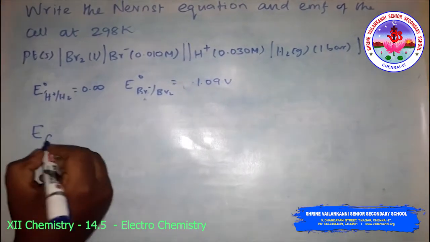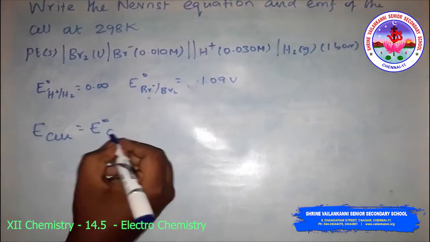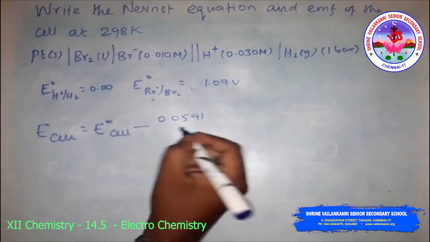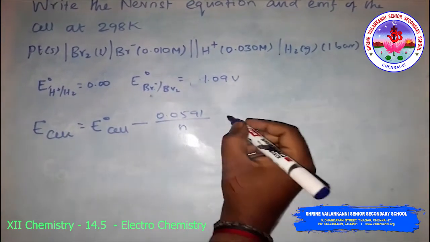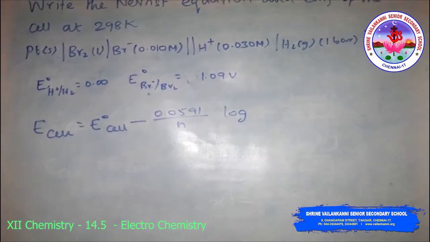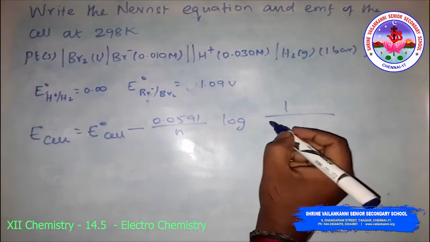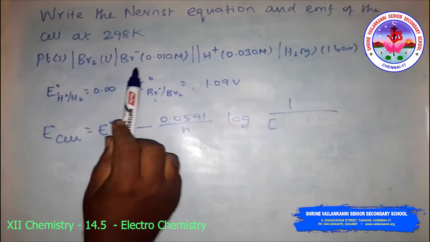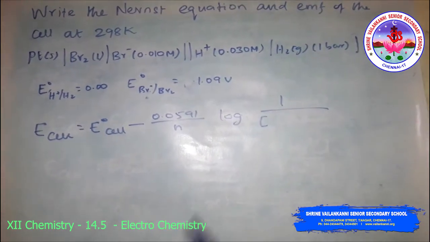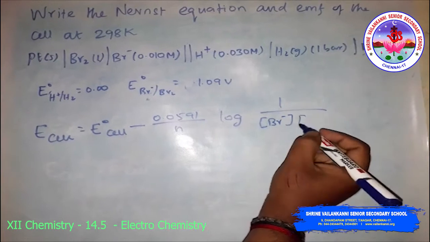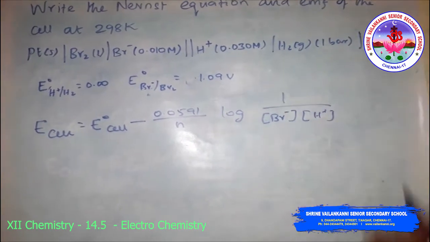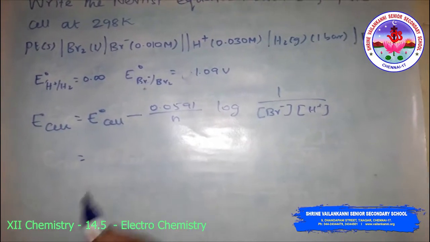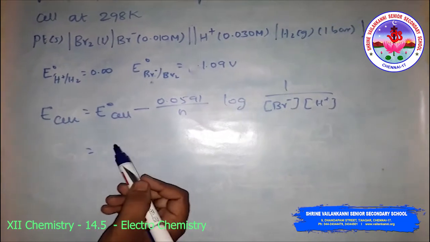First you have to write E cell is equal to E naught cell minus 0.0591 divided by n into log of 1 divided by the species having concentration, the bromide ion and the H plus ion: Br minus concentration and H plus concentration. Then E naught cell is E cathode minus E anode.